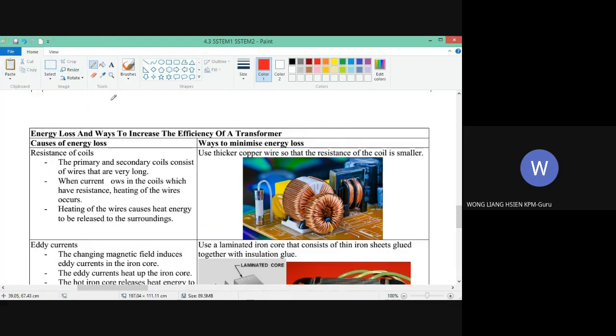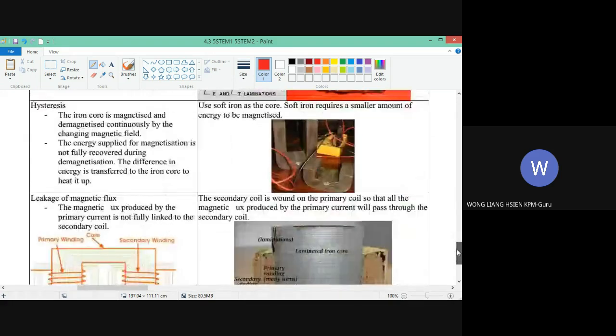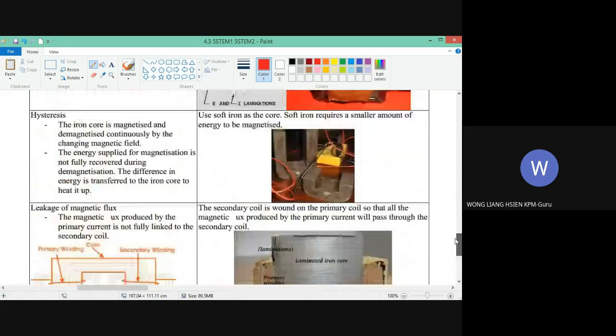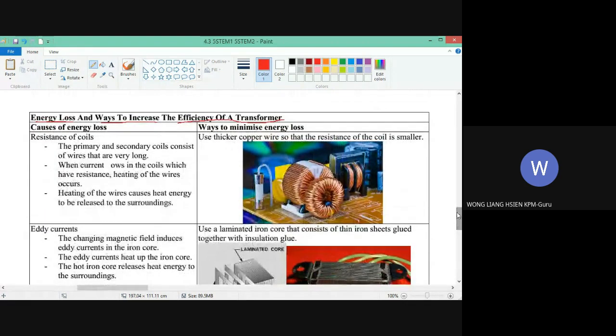Okay, now energy loss and ways to increase the efficiency of a transformer. This part is extremely important because it usually comes out in essay questions, where they ask you to modify the transformer so that it has a better efficiency, or they ask you to choose which transformer is the best one, like K, L, M, N transformers with different features.